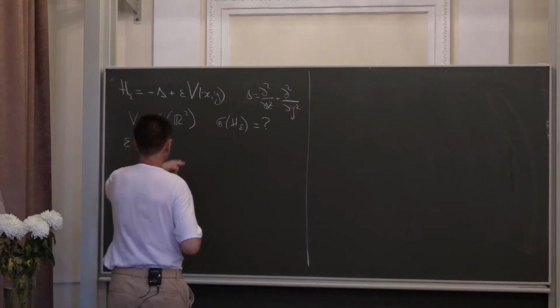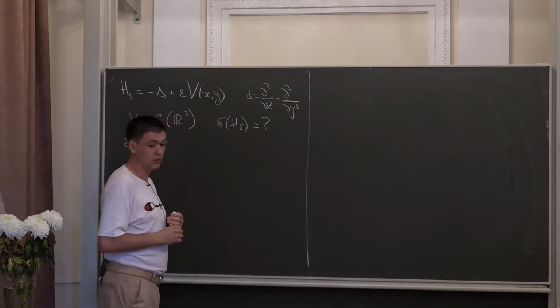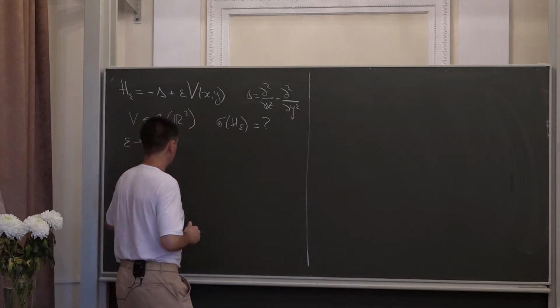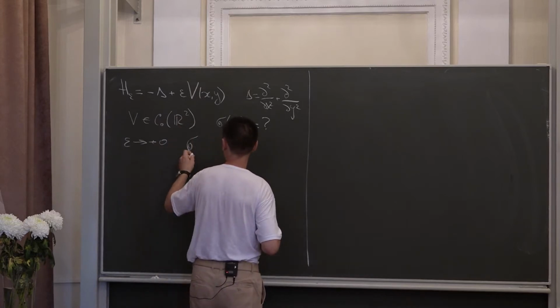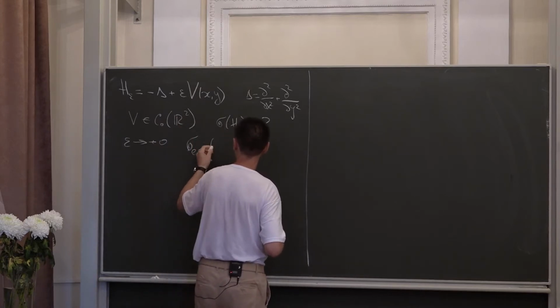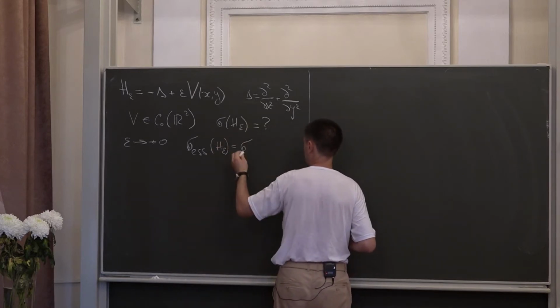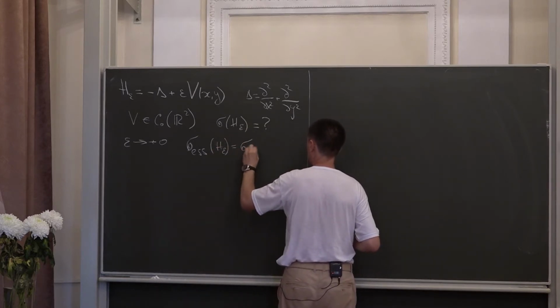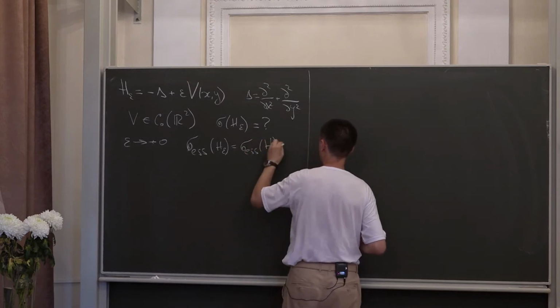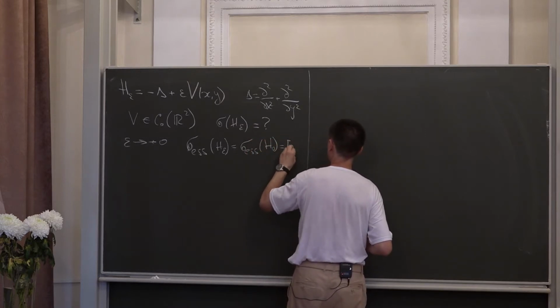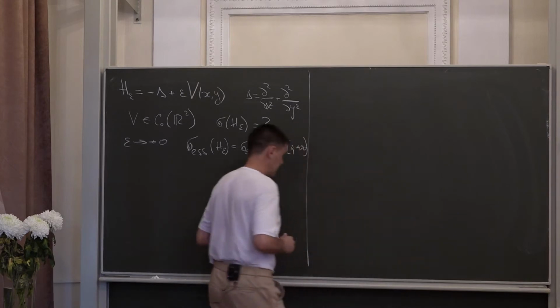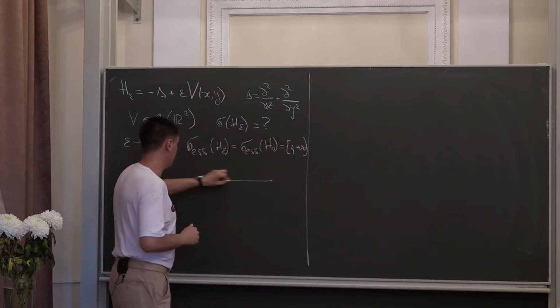Here again, since V has a compact support, the essential spectrum of such an operator can be found very easily. It's the same for all epsilon, including the case epsilon being 0. And this is just a half axis once again. So we again have the same picture.